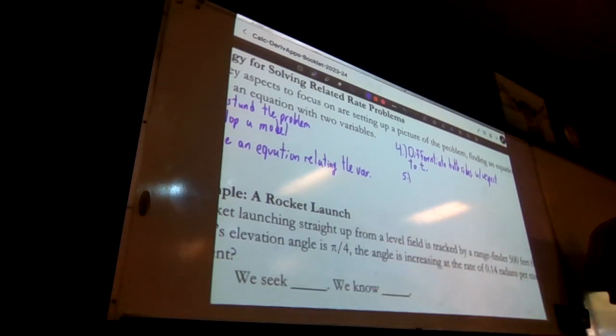Sure. Then, what we do is we're going to substitute in values. And inspect and explain our solution.